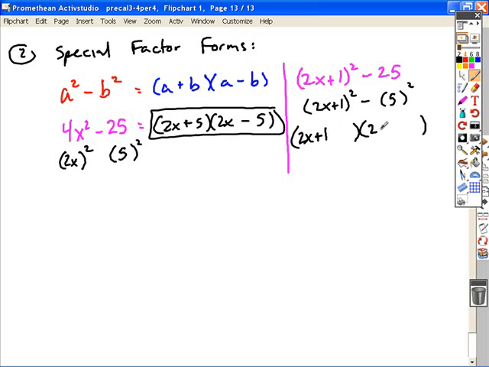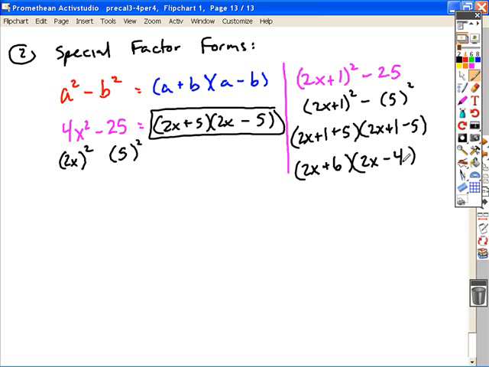So if we take our two terms, 2x plus 1 and 5, and we take the sum and the difference of those, now instead of having to simplify and factor more complex numbers, all we have to do is simplify these basic terms. We get 2x, 1 plus 5 is 6, and here we get 2x, 1 minus 5 is negative 4.